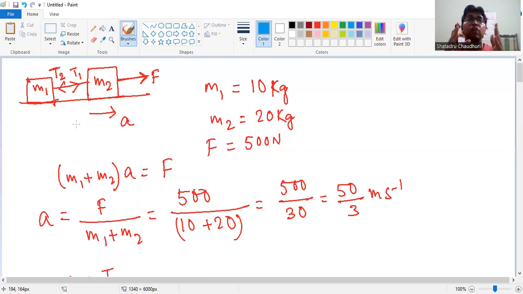T1 and T2 were acting in two different directions, and they were acting on two different masses. यहाँ पे T1 जो था, M2 was pulling the mass M1 with the tension T1, and T2 was the tension with which M1 was pulling M2, right?